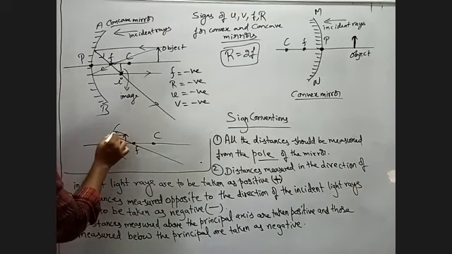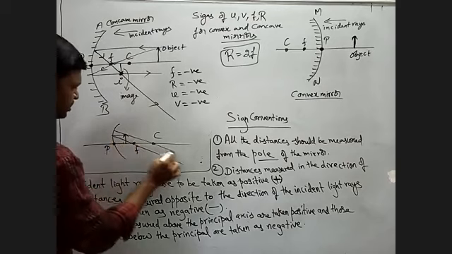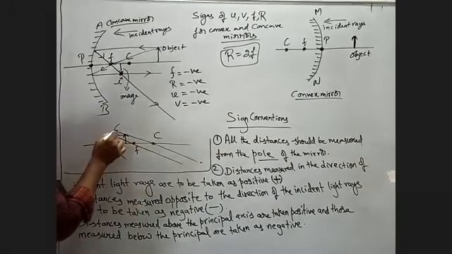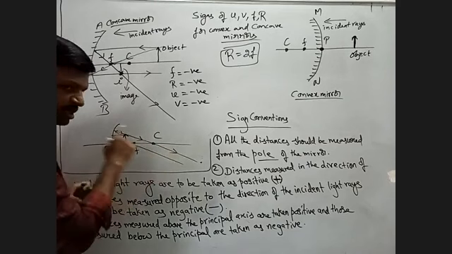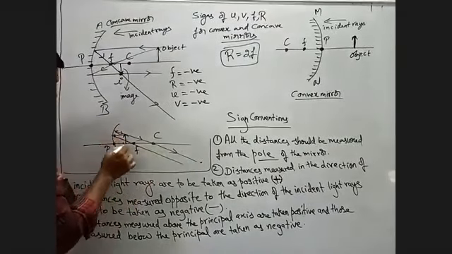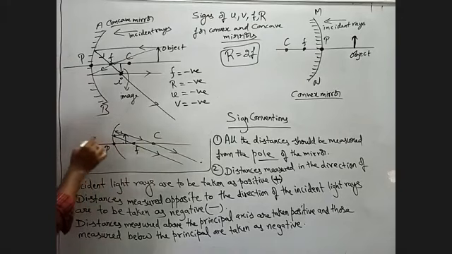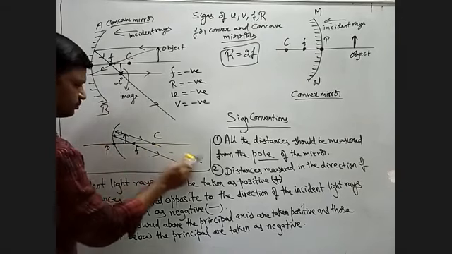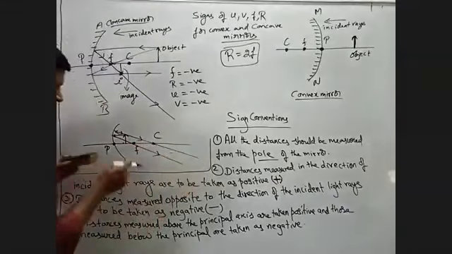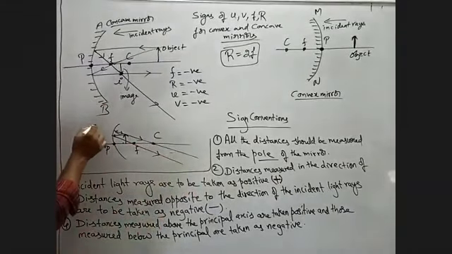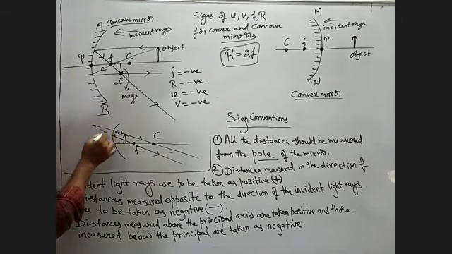Another ray is placed like this, passing through the center of curvature. The ray is passing again through the center of curvature, so this ray is coming back like this. So what is happening is, they both are not parallel. They both are not parallel. Hence they appear to be like that.